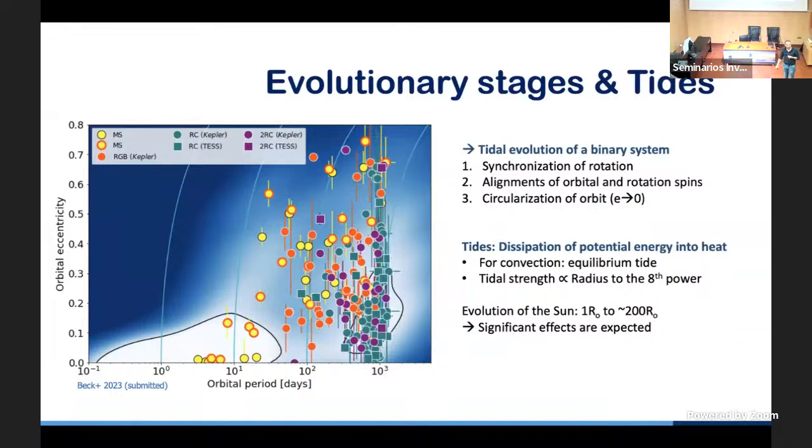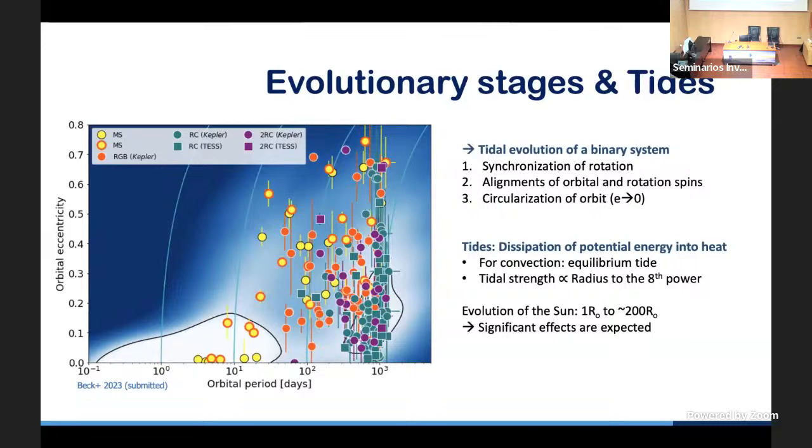So we would expect, even if we have very wide systems, differences in the distribution. Let's assume stars are born with a random uniform distribution in period and eccentricity. You could imagine that this tidal evolution is changing the distributions.